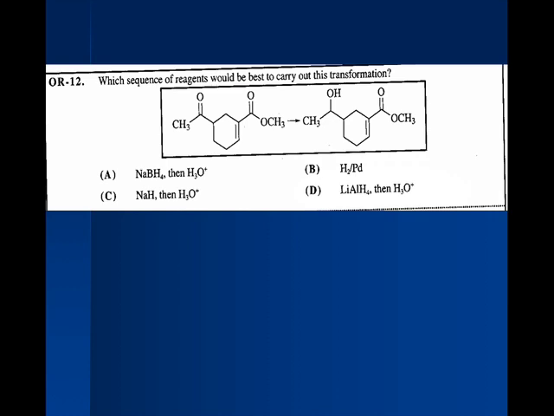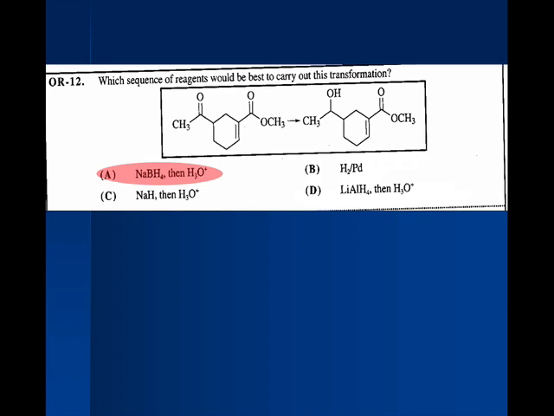So that leaves A and D. Which one's the correct answer? A. That's right. We want to leave the ester alone. We're only reducing the ketone, and sodium borohydride is the selective reducing agent. It will reduce aldehydes and ketones, but it leaves esters and carboxylic acids alone.